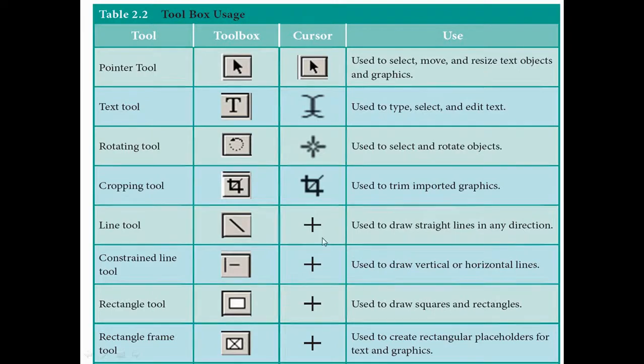That is the difference. If you use line tool, in any direction you can draw line. Constraint line tool, it is used to draw vertical or horizontal lines. The other one, rectangle tool, it is used to draw squares and rectangles. And rectangle frame tool, it is used to create rectangular placeholders for text and graphics.